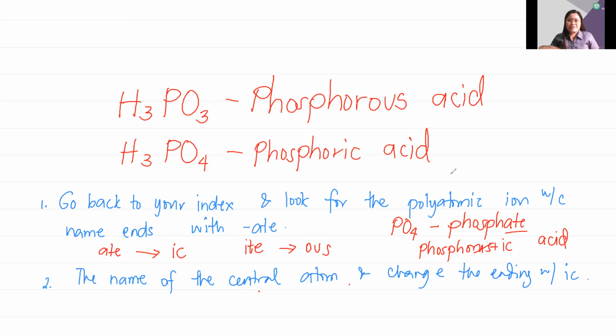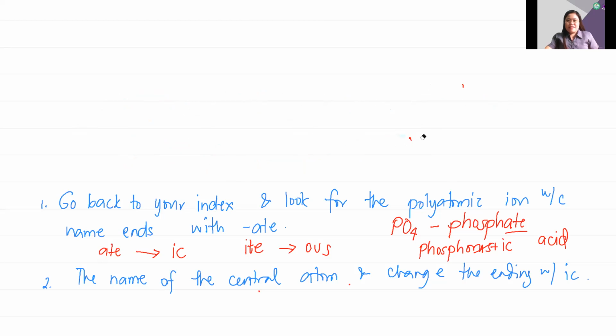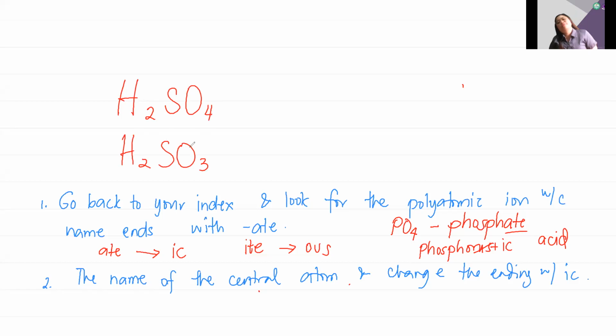Nakuha yon? Yes, ma'am. Okay, sige. Another one. Sino pa yung hindi naka-recite? Sige, Natasha, you name this. So, pareha sila ha, sulfur yung central atom.